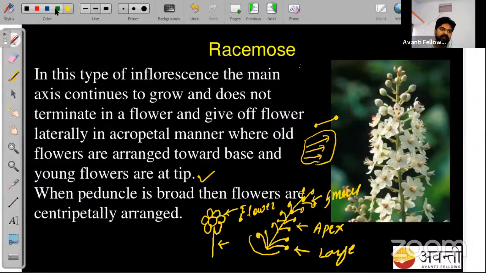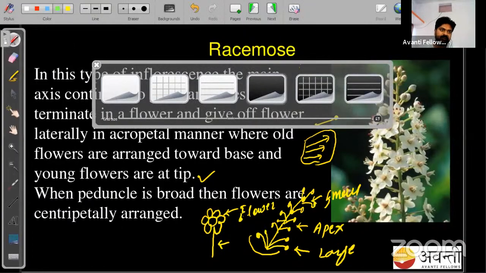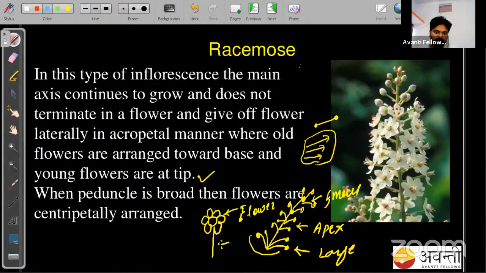Please remember this. Yes, correct, Chirant, the floral axis means the peduncle. It is the stalk-like part.